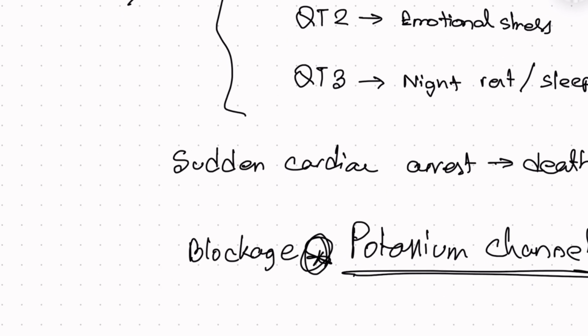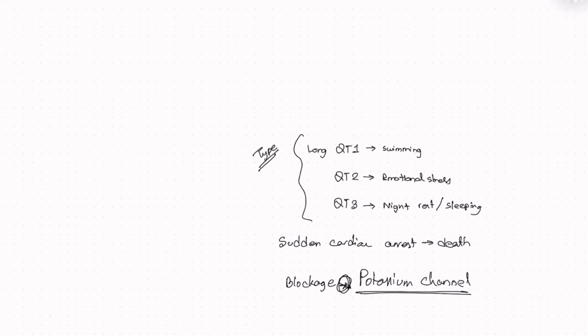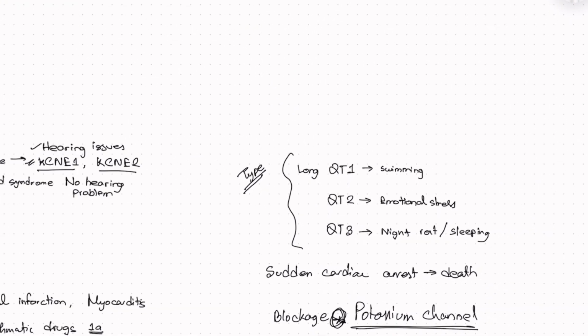Now, how will we manage QT prolongation? To manage QT prolongation, we need to first find out if it's a drug-induced QT prolongation or if it's another case of QT prolongation. If it's drug-induced, first of all, we need to avoid the drugs which cause QT prolongation. That is very simple.